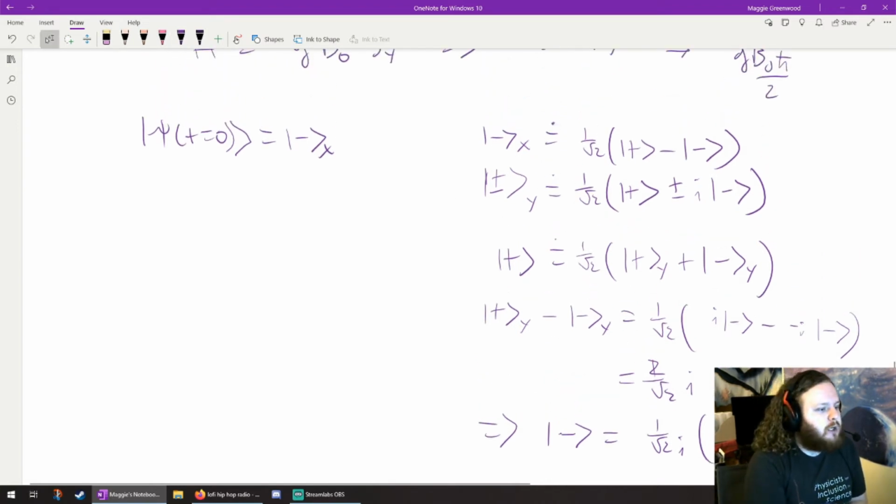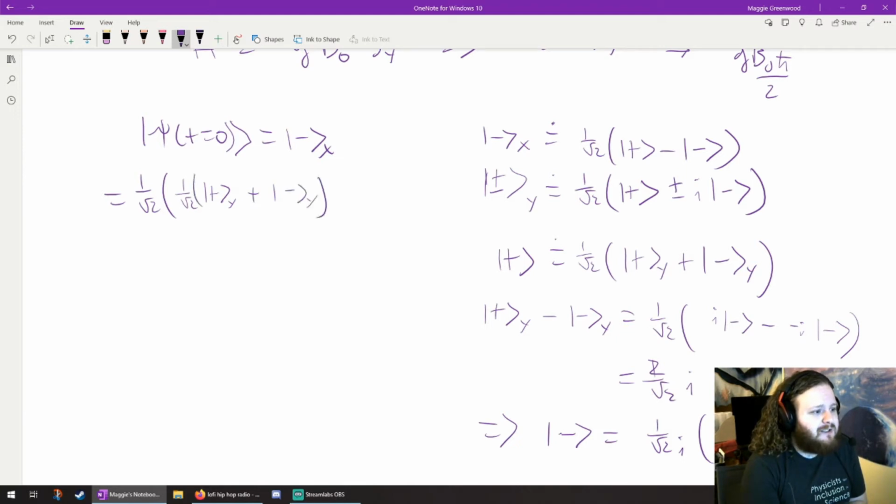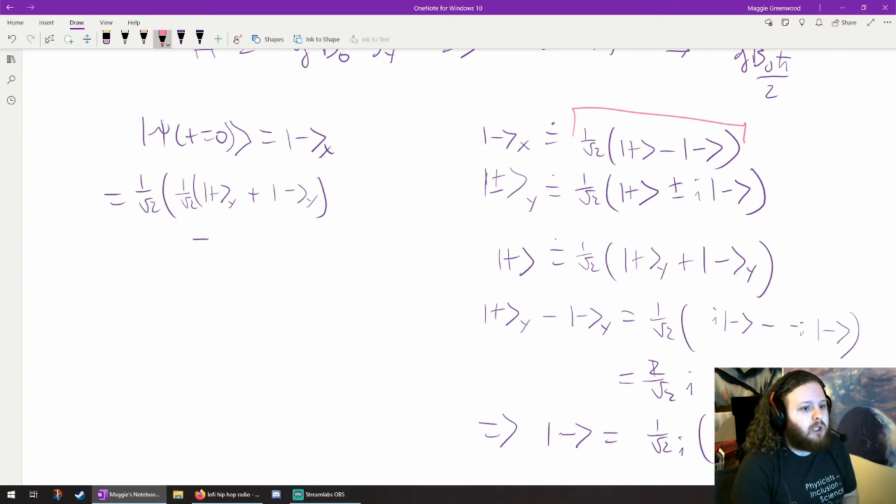So my function at t equals 0 is equal to 1 over root 2 times plus z, which I solved for here, which is 1 over root 2 times plus y plus minus y, minus my description for minus z from over here. So I'm just copying this equation down and trying to substitute in the pieces that I solved for down below.